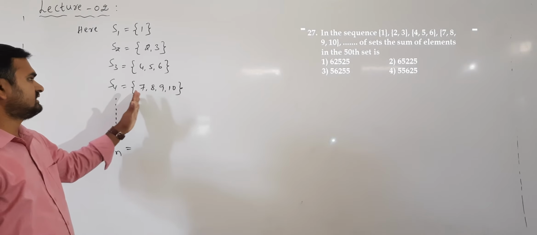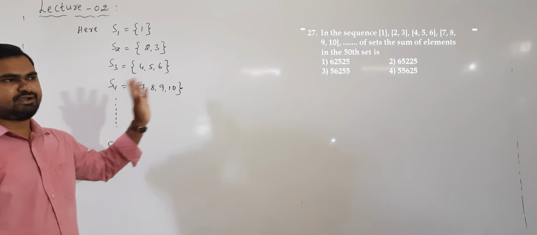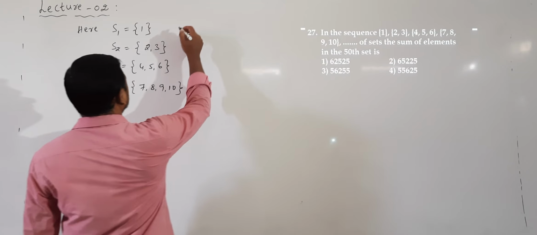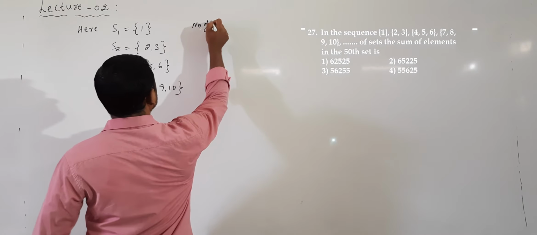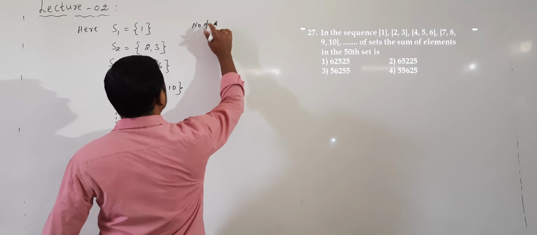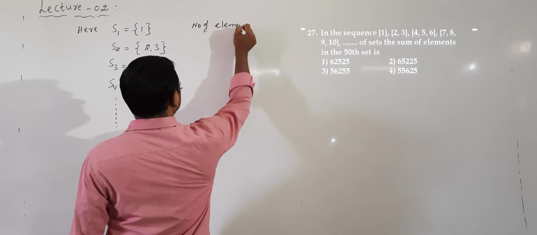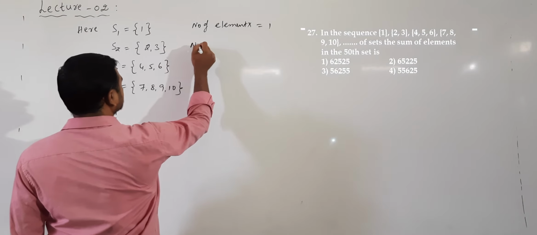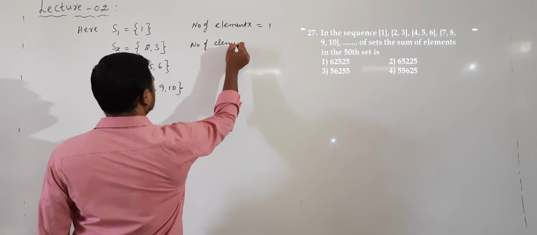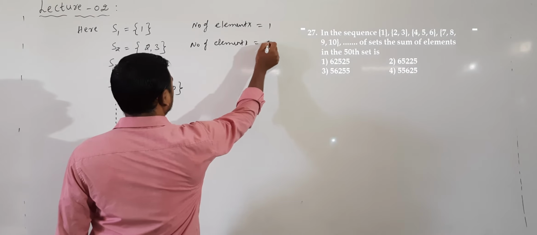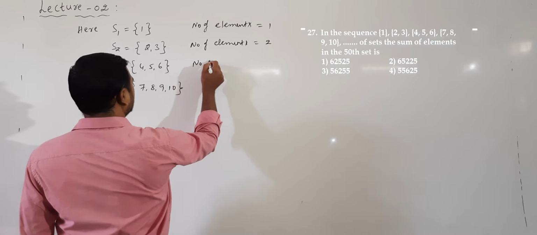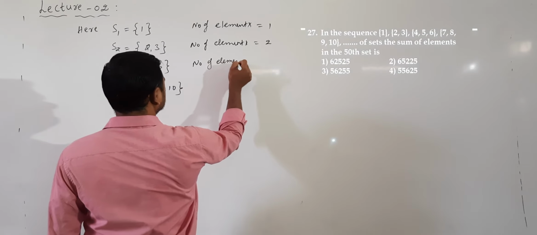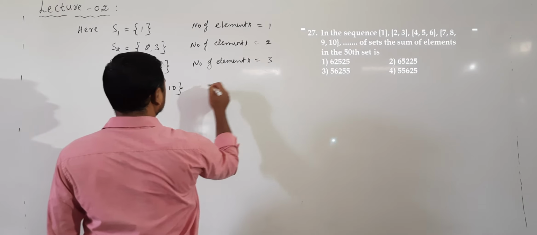Consecutive natural numbers we are taking, and how many natural numbers are we taking here? The number of elements is 1 here. Here the number of elements is 2. Here the number of elements is 3.